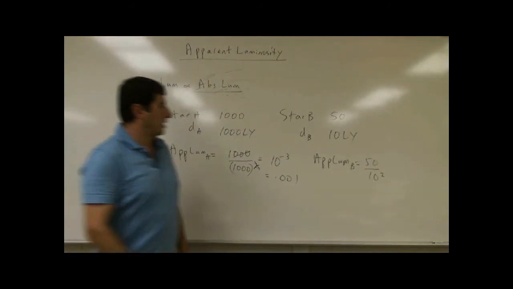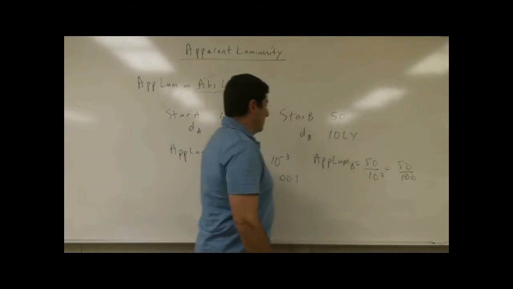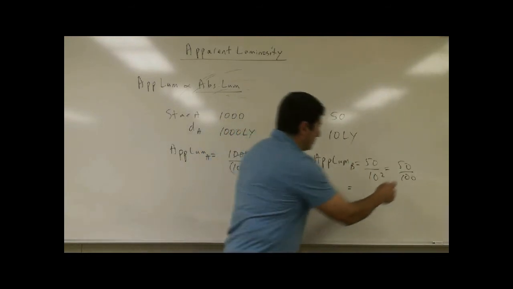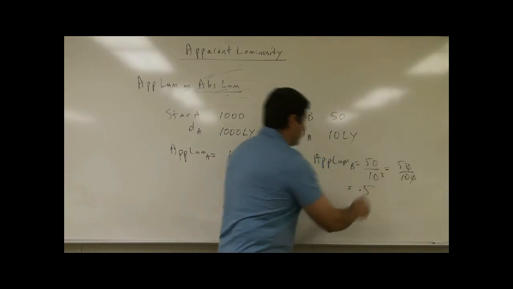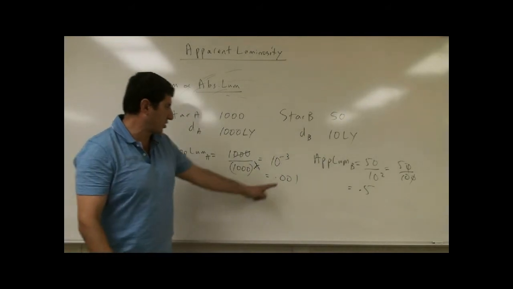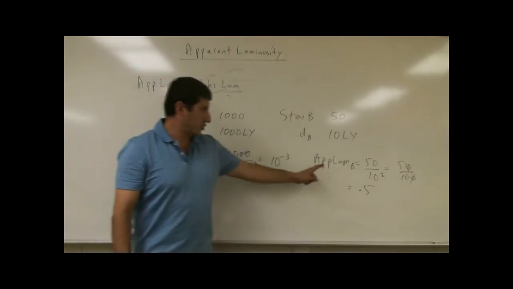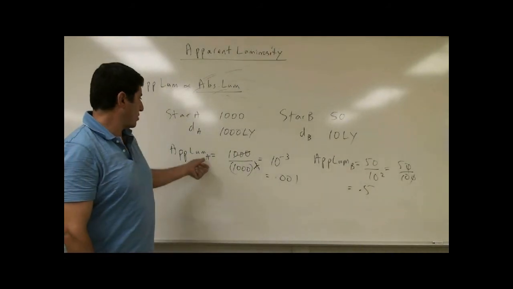So this will be 50 over 100, and that's equal to 0.5. Wow, that star will appear brighter. Its apparent luminosity is quite a bit larger than this one. So the apparent luminosity of star B is much more than the apparent luminosity of star A.